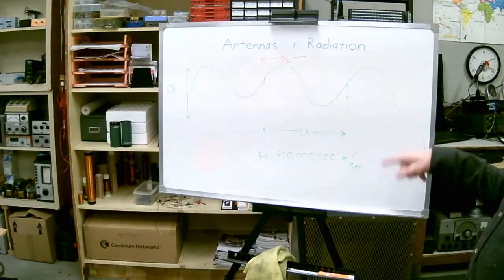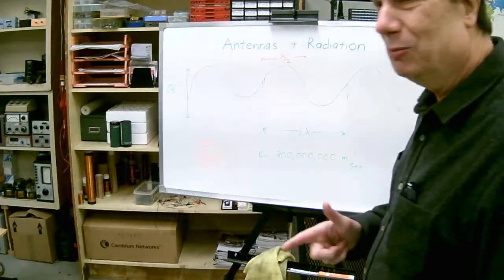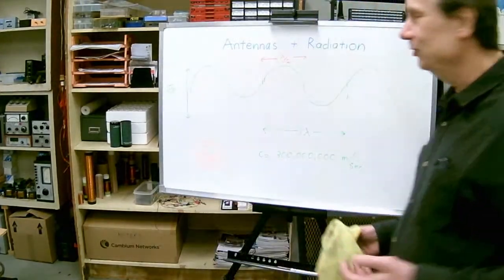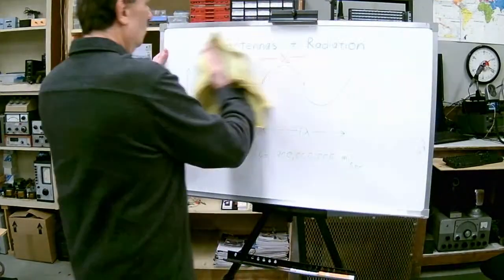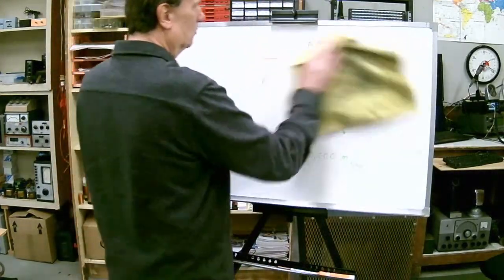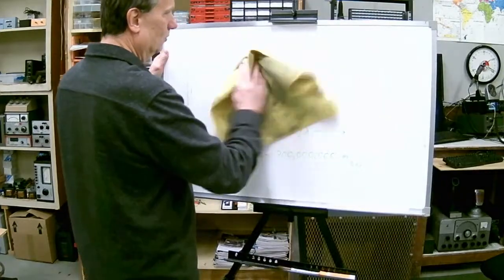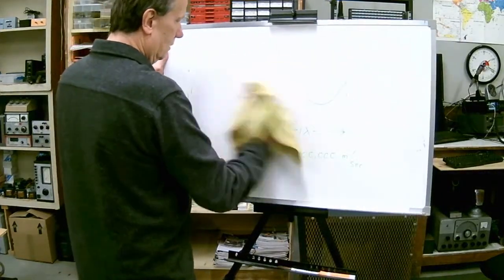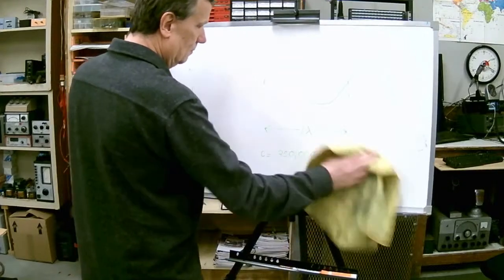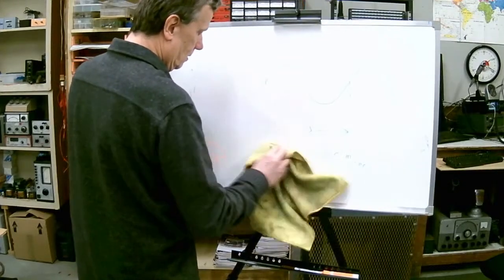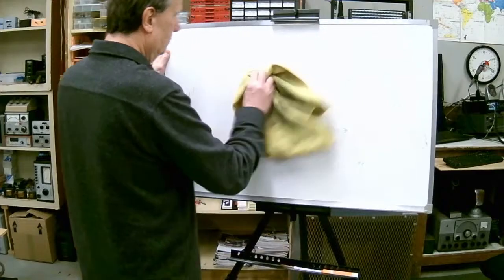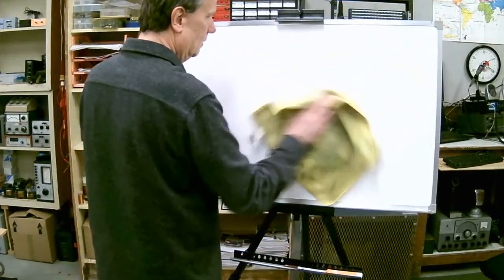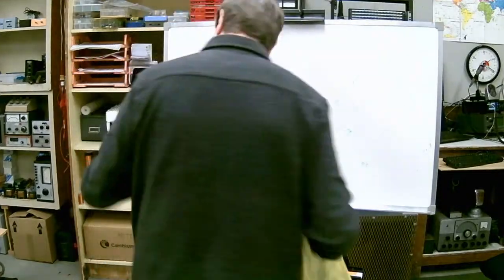Now, with these in mind, let's talk a little more about the fundamental dipole antenna. Dipole means two poles. In the vacuum tube, we get a diode, which is two electrodes. In the antenna, we have two poles. So let's take an extremely simple situation.